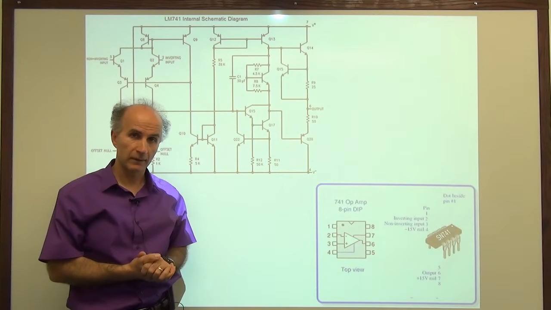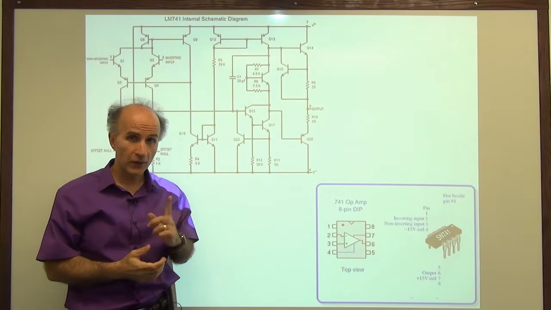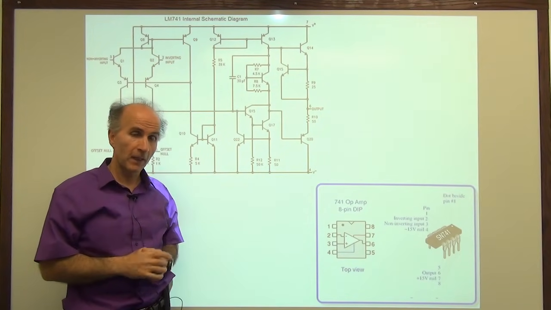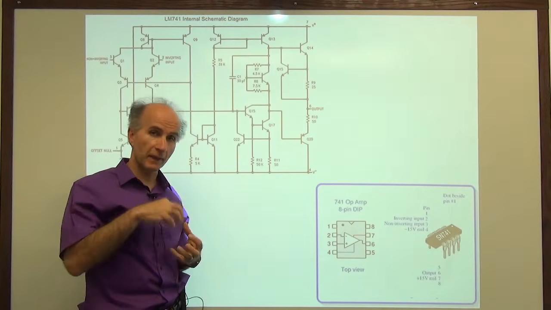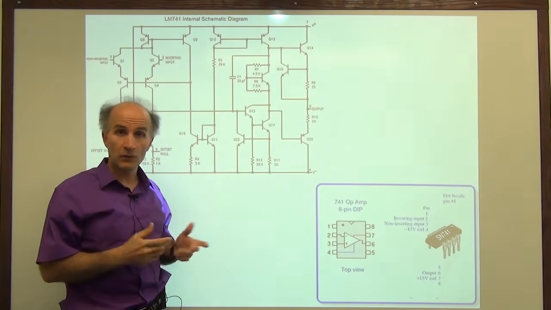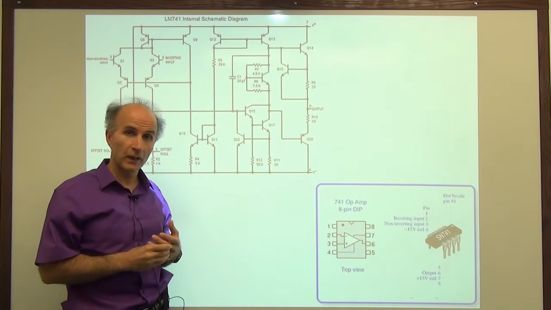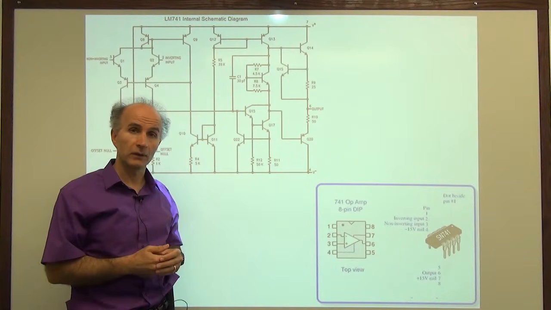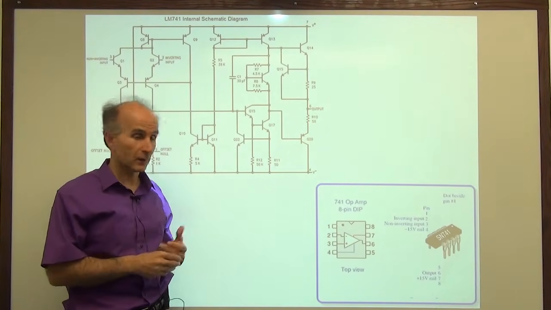We need to understand it. Why? Well, it's not just because you might have to design this op-amp at some point in your life, but also if you're trying to use this op-amp, sometimes you need to understand what's going on inside. Sometimes when you're trying to drive a car in a very extreme condition, you need to understand what's under the hood, how the engine operates, etc. So this is similar.